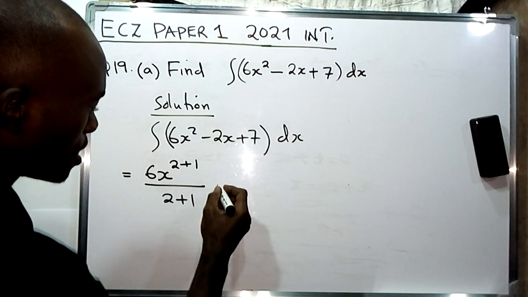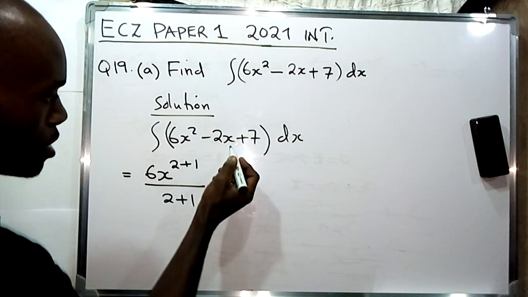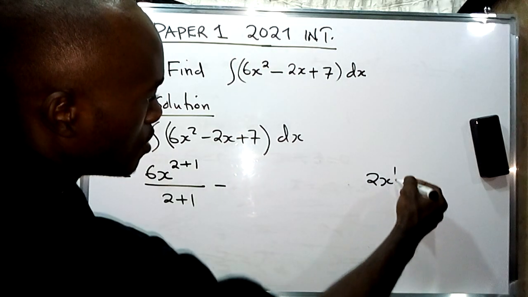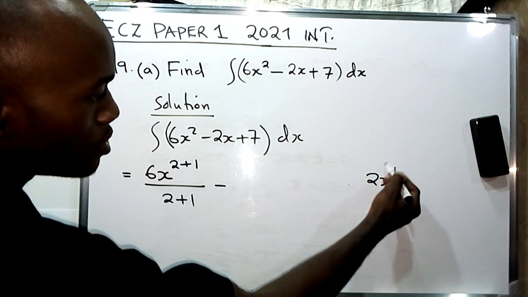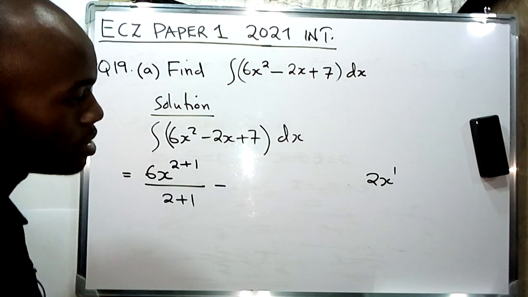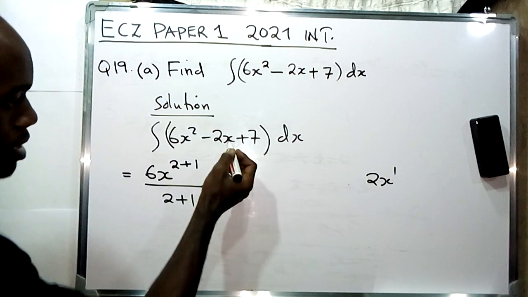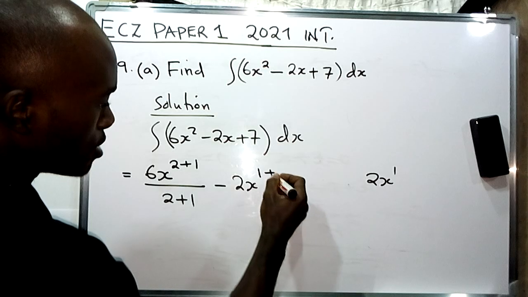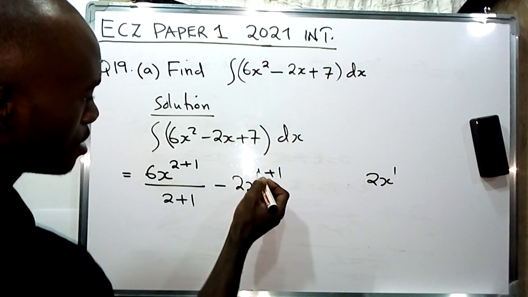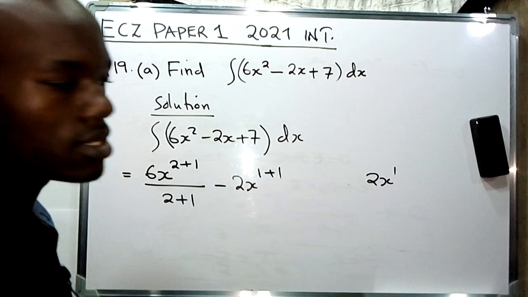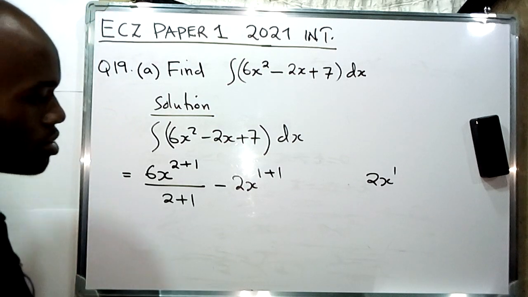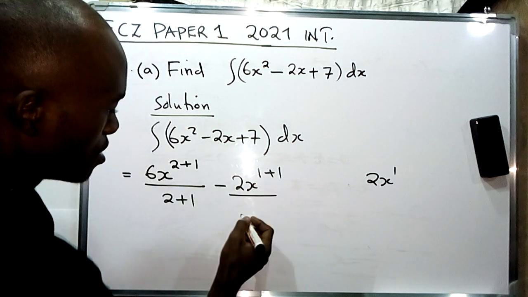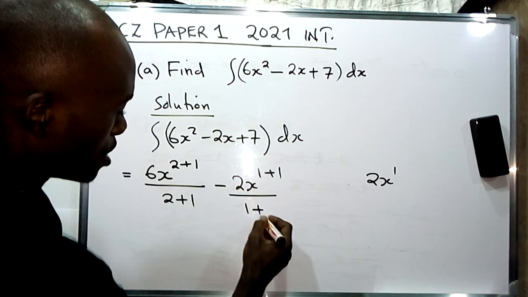After we have done that, we go to this term here. This 2x is the same as 2x to the power 1. Normally we don't write the exponent if it's a 1, but we know that there is a power 1 there, so it will be 2x to the power 1 plus 1, because any number can be written as to the power 1. It will just be the same thing. So we are going to have the denominator 1 plus 1.